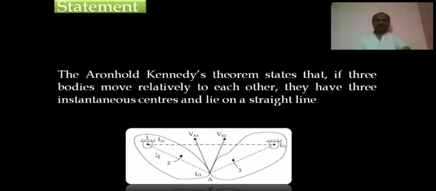Now the two instantaneous centers can be easily marked, that is I12 and I13. The remaining ICR will be on the line joining I12 and I13. How, we are going to see in the coming slides.